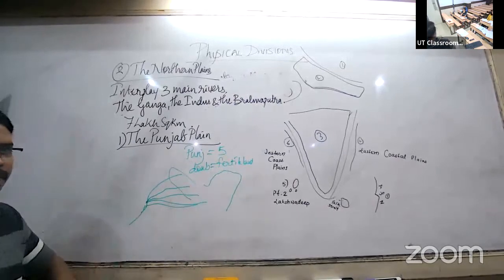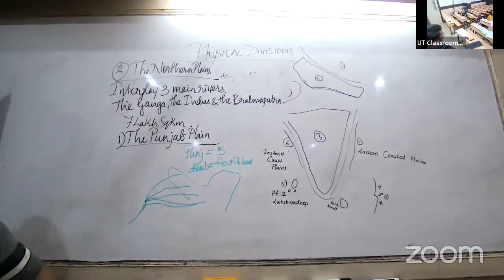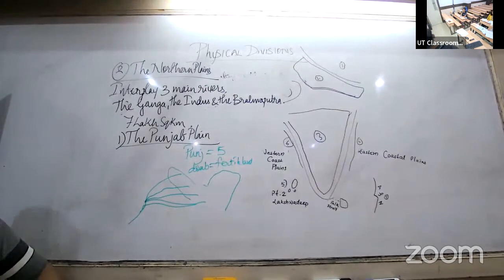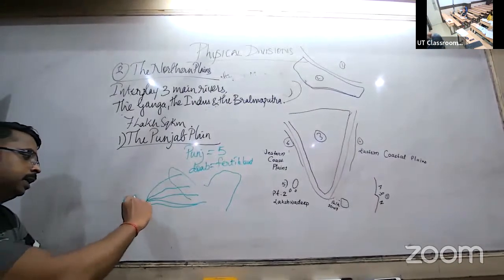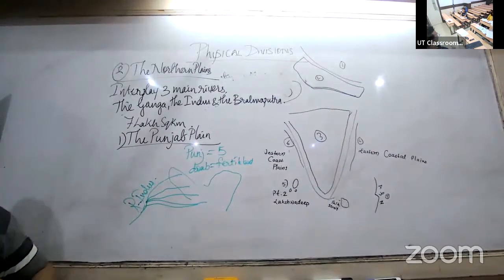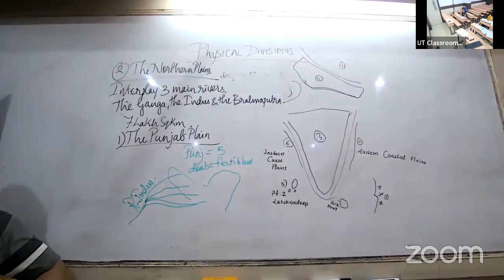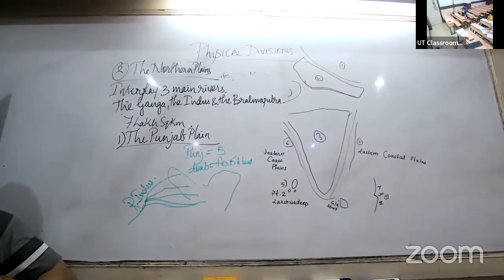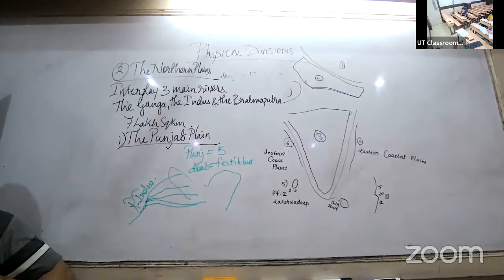Why is the word five referring to what? Very good, tributaries of the river. The five rivers are the Satluj, the Chenab, Ravi, Beas, and Jhelum.